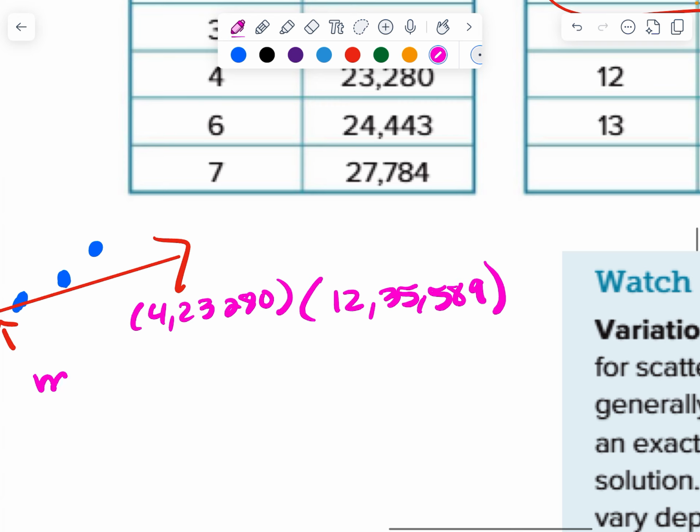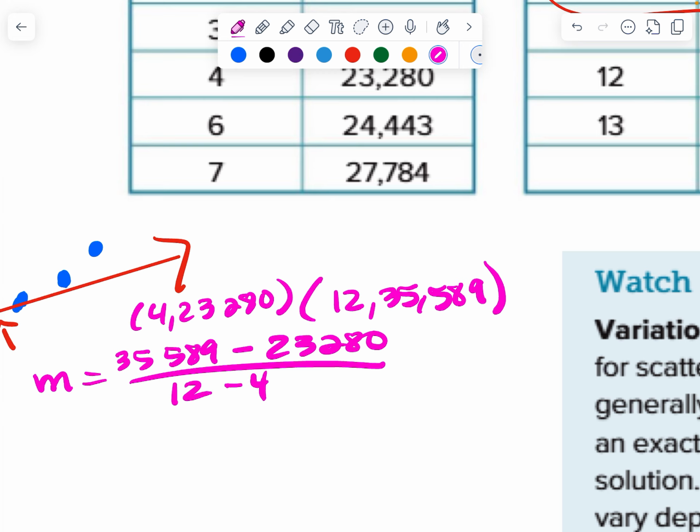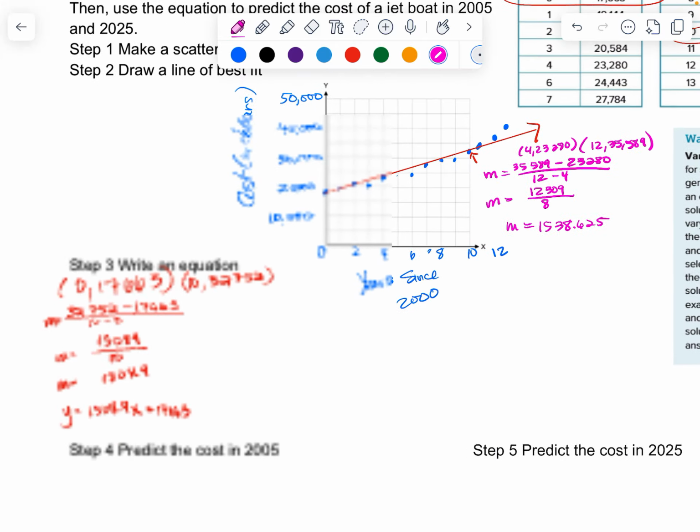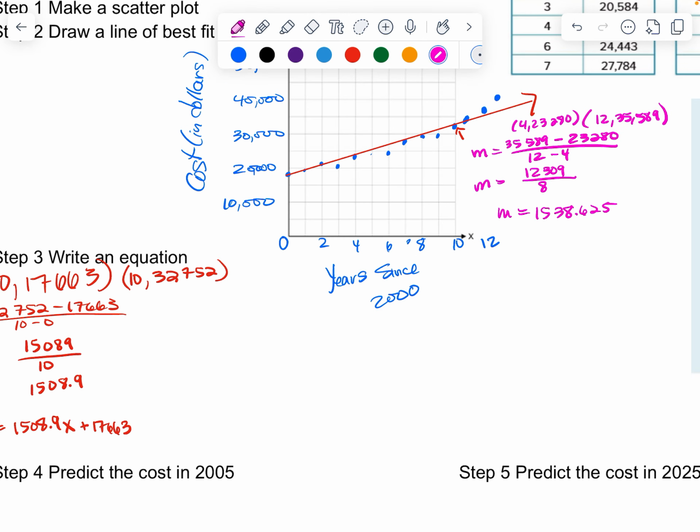Okay, if I had done these two, 35,589 minus 23,280, and I do 12 minus 4. So I plug this into my calculator, and I get 12,309, and that's over 8, so divided by 8. And I get, my slope is 1,538.625.